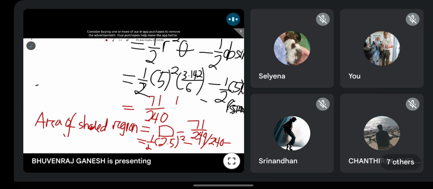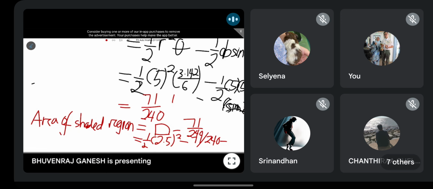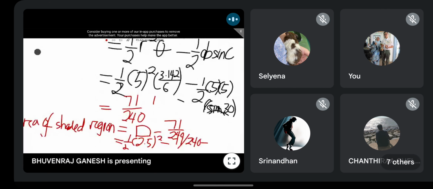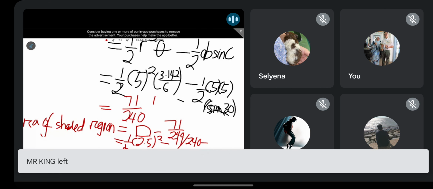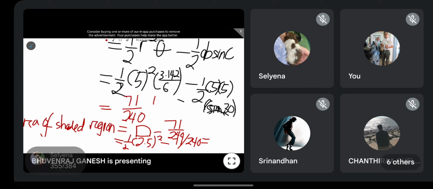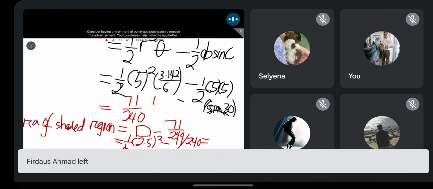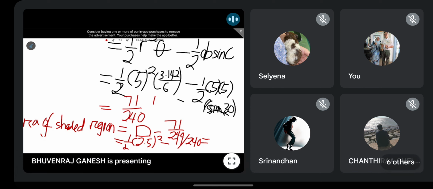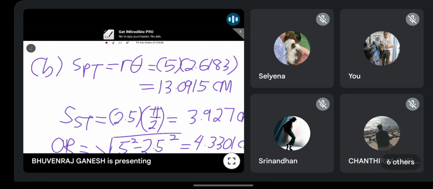So anyone can tell me the answer, jawapan akhir? How much you get for this one? Kalau kamu tekan calculator. Pi bahagi 4. Sorry, I forget to include one value.